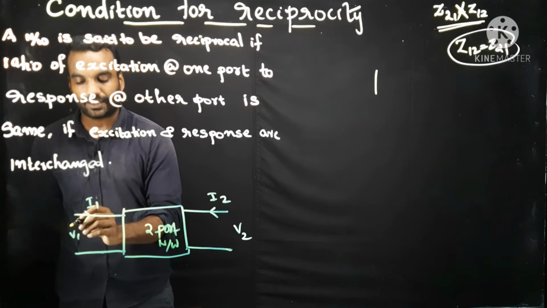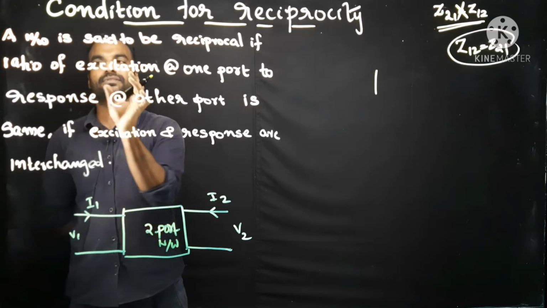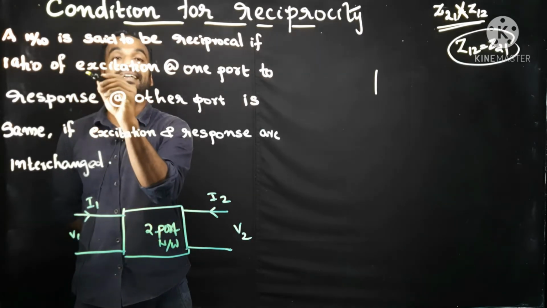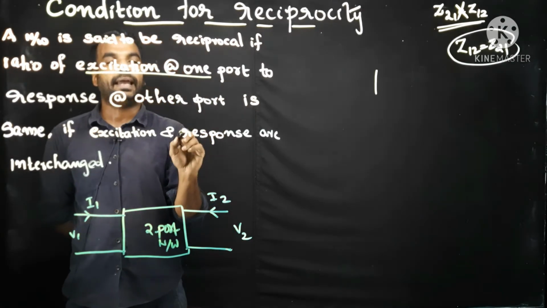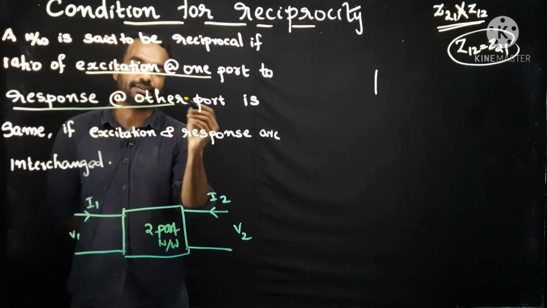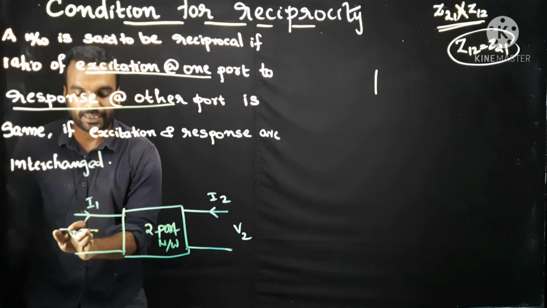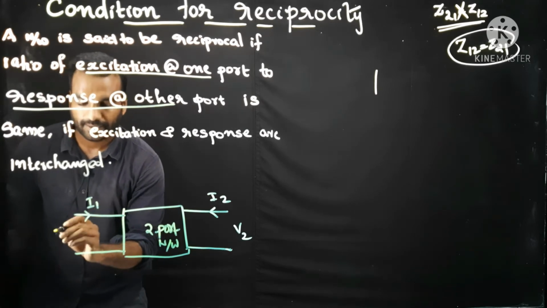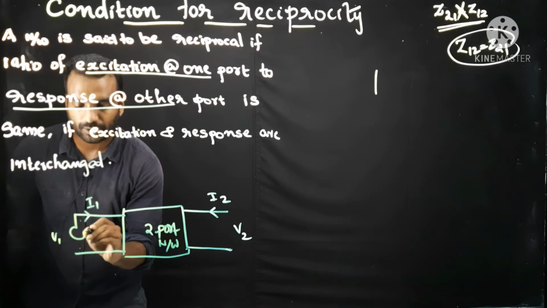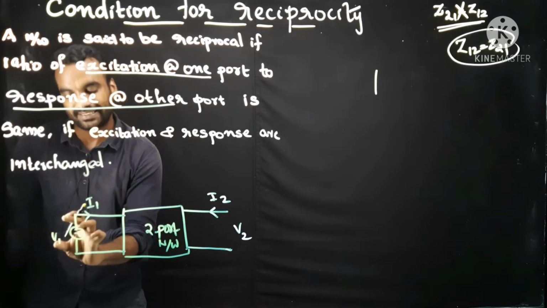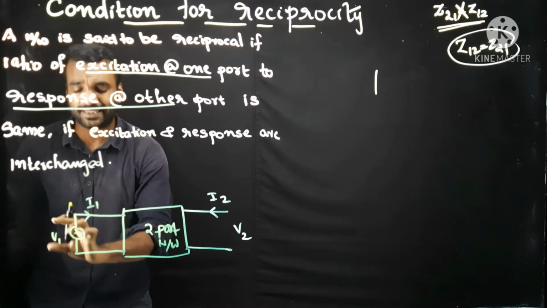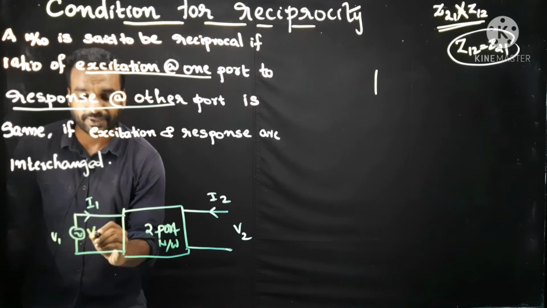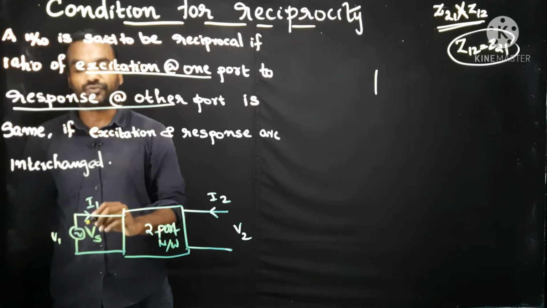I want to connect an excitation because I want to check excitation at one port and response at the other port. So I am going to give an excitation at this port. Excitation means I am going to connect a source. This is actually a port for connecting. I am expecting some V1, but I am specifically connecting a source and its voltage is Vs.